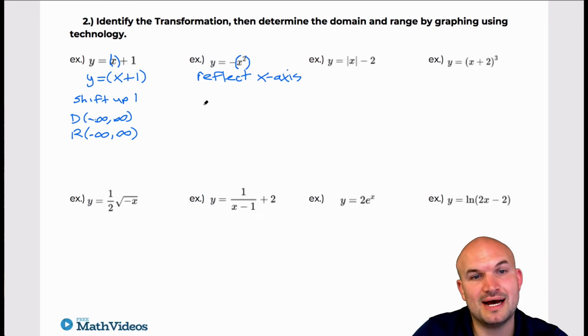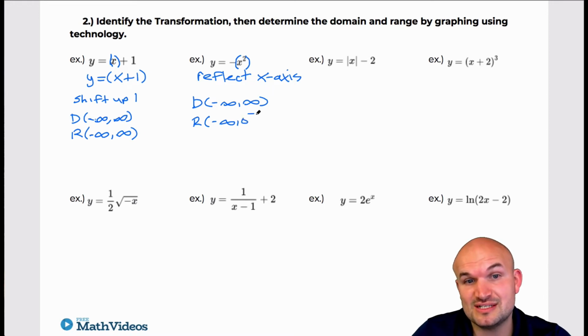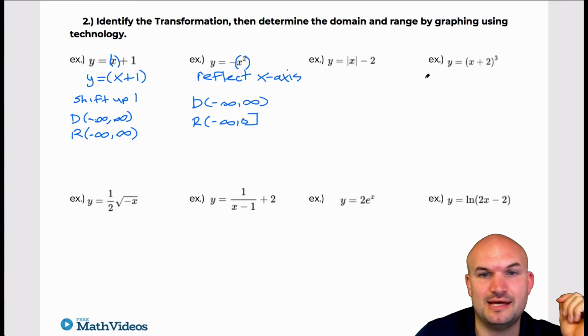And therefore my domain is unchanged, so I'll say domain from negative infinity to infinity, but my range now is going to be from negative infinity to 0. And again, 0 is defined, so we're going to include that.